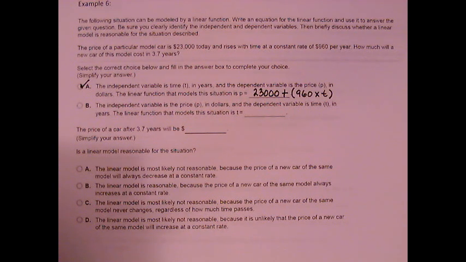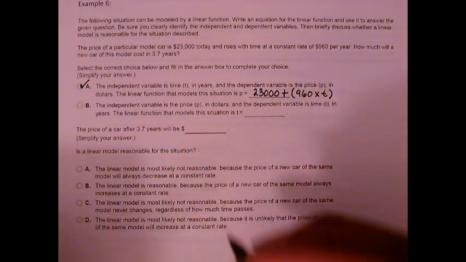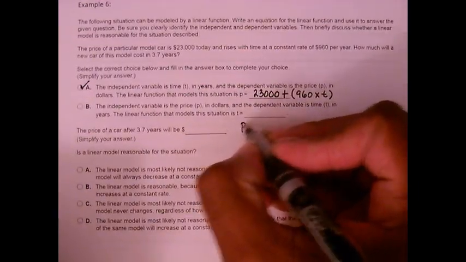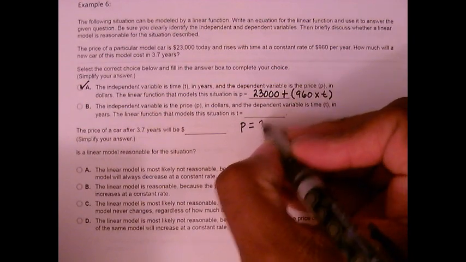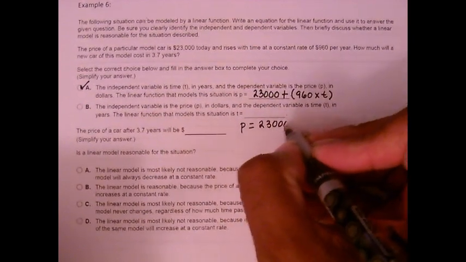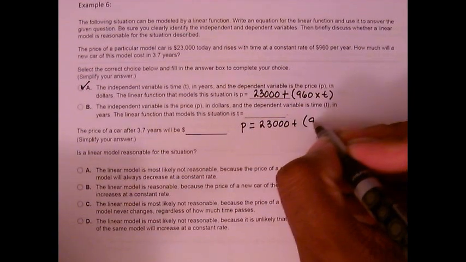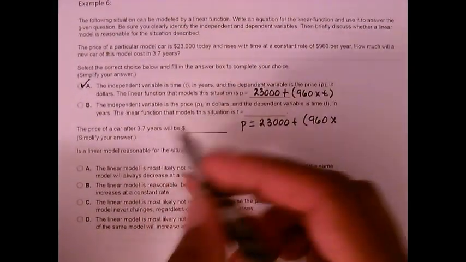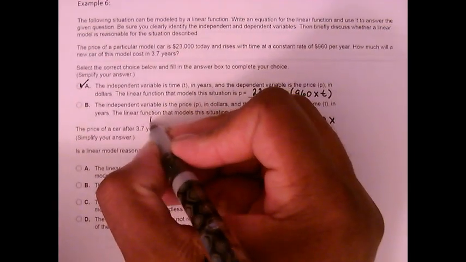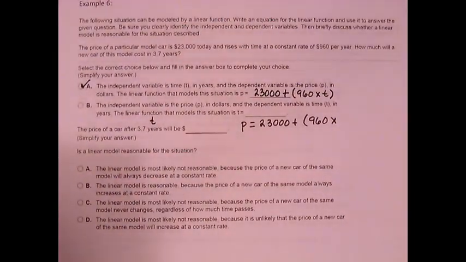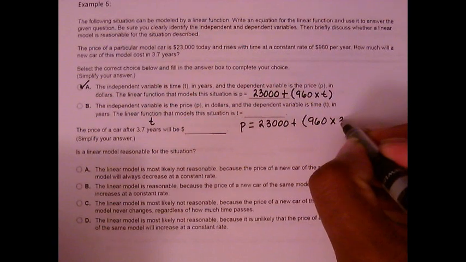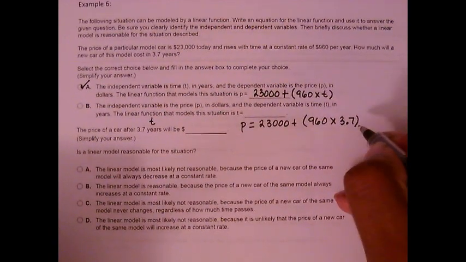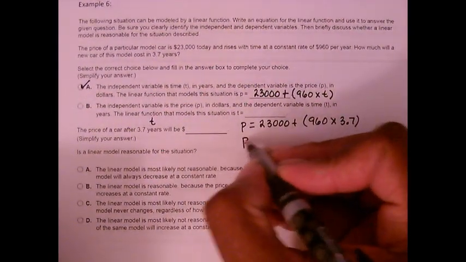Now what will be the price of the car after 3.7 years? So I'm going to use that p is equal to 23,000 plus 960 times, in this case your t is 3.7 years. That's what t is. So it'll be 960 times 3.7.